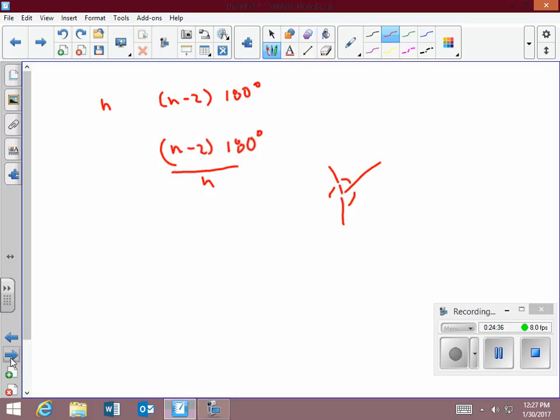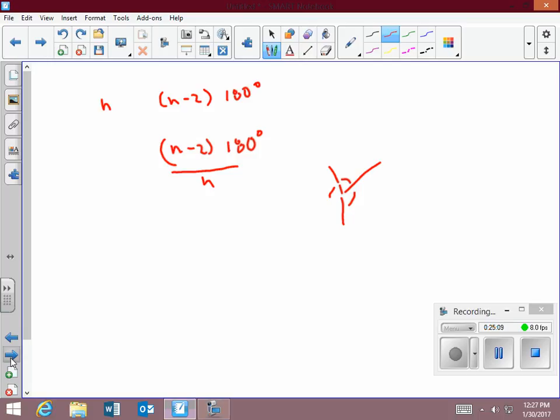And they're telling you in there, if you look at the table 2-1, the ones that can form tessellations, if they're regular polygons, are ones whose angles are factors of 360.